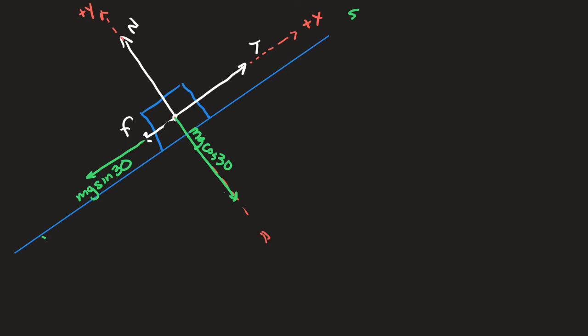In the x direction, there are 3 forces. They must equal ma, because I was told the system is accelerating 2 meters per second squared. The 3 forces are tension, that's up the ramp, mg sine 30 down the ramp. That is the weight of the box down the ramp.